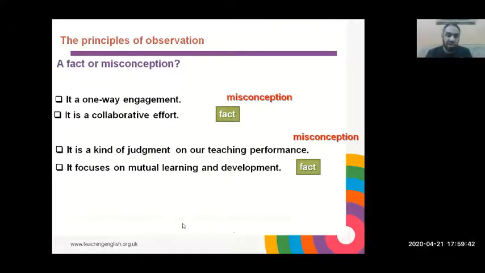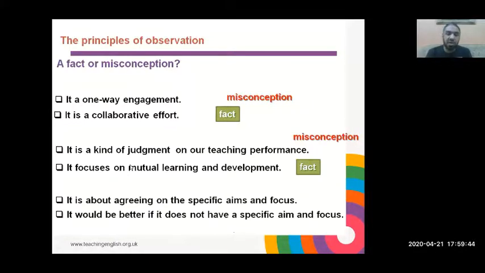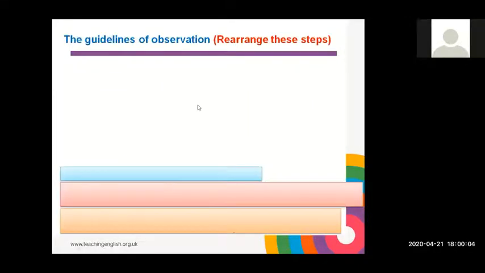And the last couple sentences, it's about agreeing on the specific aim and the focuses, or it would be better if it doesn't have a specific aim and the focus. Yes, number 1 is the fact. Yes. Very good. Okay.